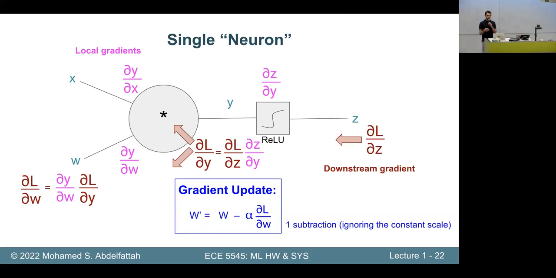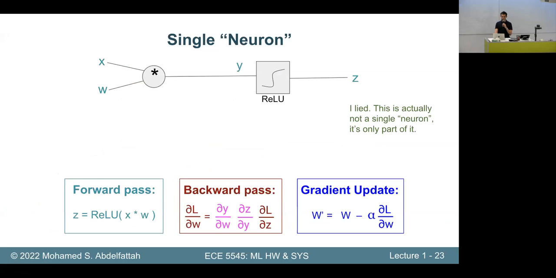This is basically one subtraction, which is much cheaper than a multiplication, and it only applies to the weights as opposed to all of the nodes in the graph. So in general, when we talk about forward pass versus backward pass versus gradient update, the backward pass is the heaviest part. The ratio is approximately 2:1, and the gradient update is typically very cheap.